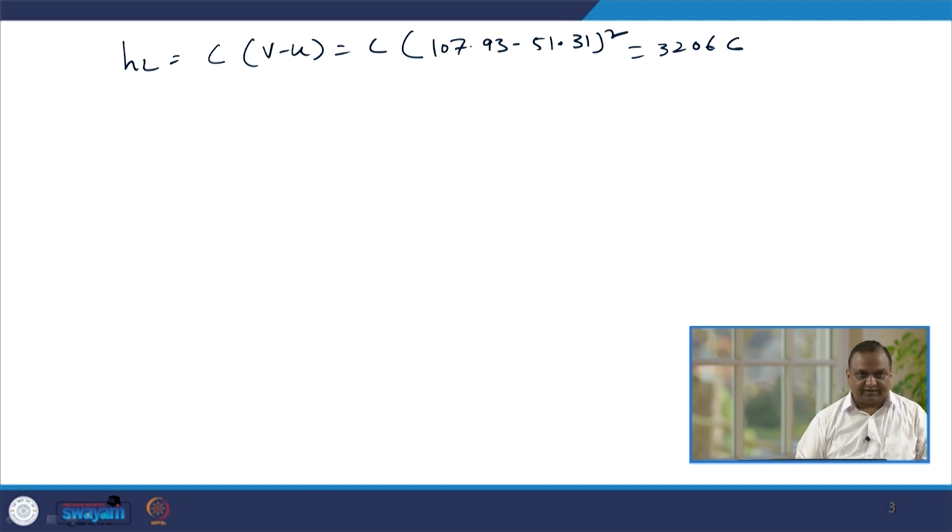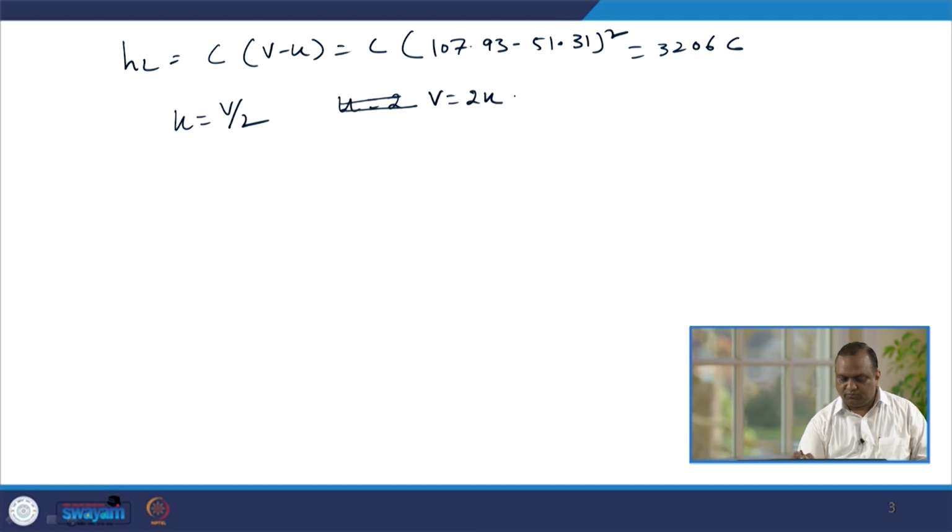Now, for the maximum efficiency we know that U is equal to V by 2, so V is equal to 2U, right.